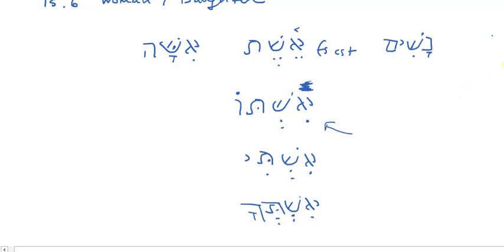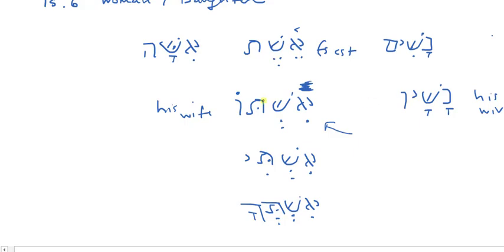If I want to say his wives, it would be nashav. I'm going to have a vav. Kamets yod will be my helping vowel. I'm going to drop the im and add my helping vowel here. And this is my 3ms pronoun. So ishto is his one wife. Nashav is his wives, more than one.